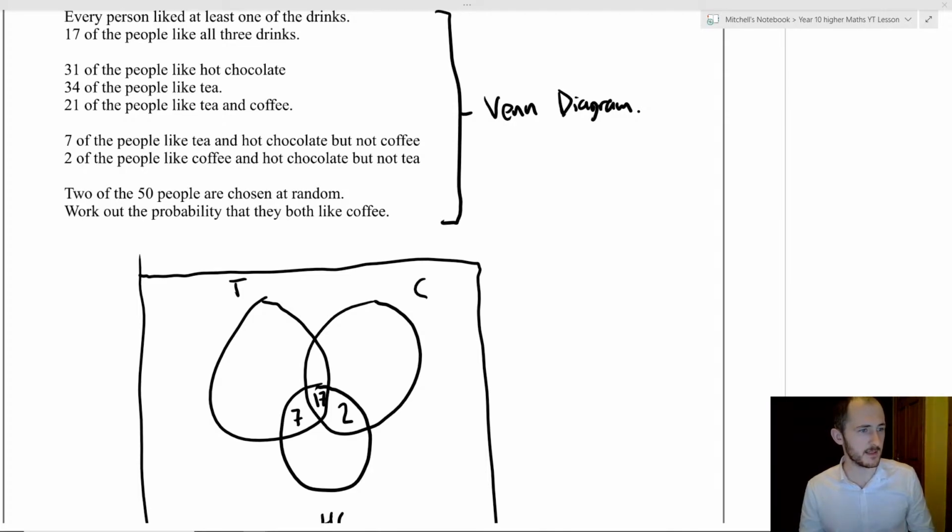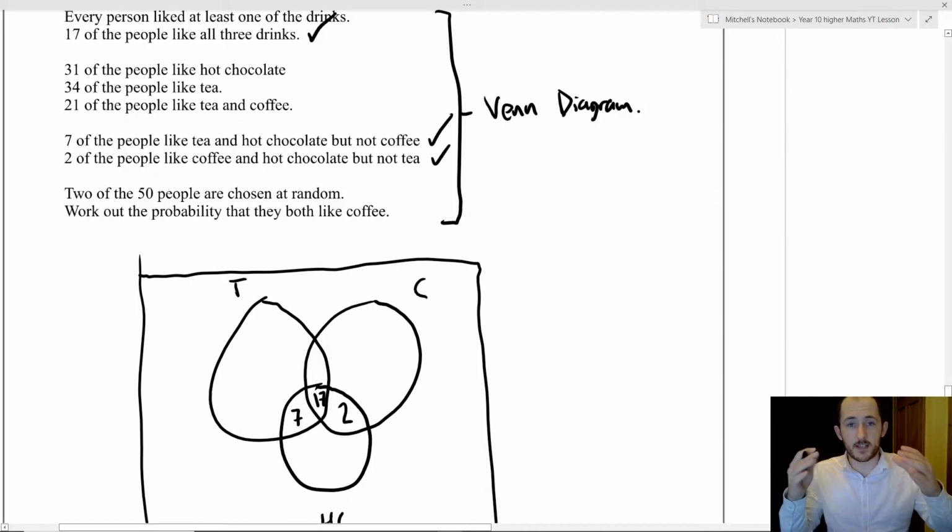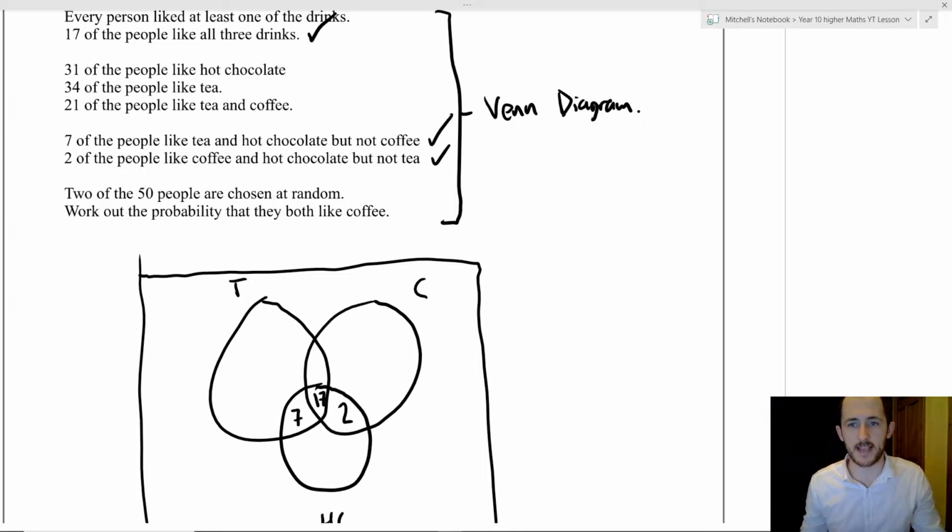So, I also like to tick off the information as I use it. I've used this, this, and this. Now all I'm looking at is these 3 pieces of information. Again, I like to start from the inside and work my way out. So let's look for the one that says and, which is this piece of information here. 21 people like tea and coffee, right?